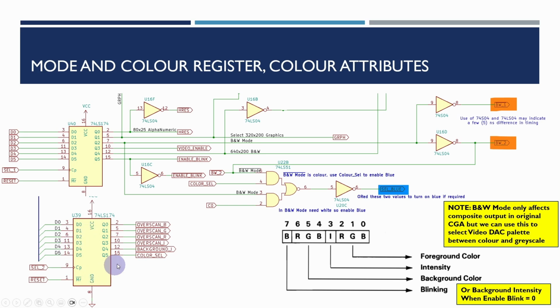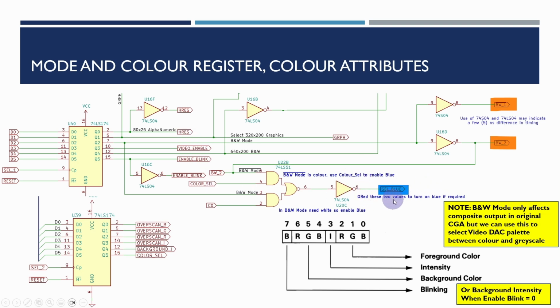So we've got the colour register here with our overscan intensity red, green, blue, background, which is really graphics, and colour select. And we've also got the mode port here with those values that I showed you previously. So graphics mode, blinking, video enable, 80 column or 40 column mode. And then there's another interesting one here.